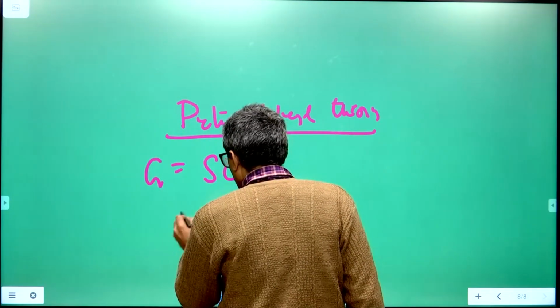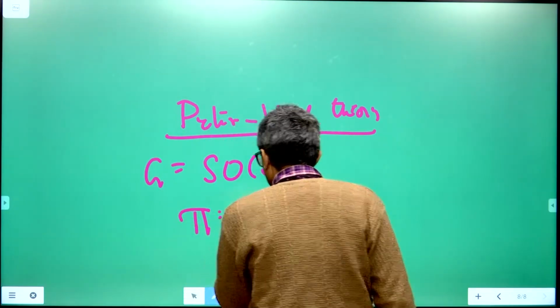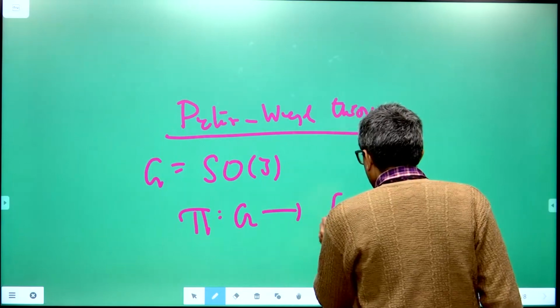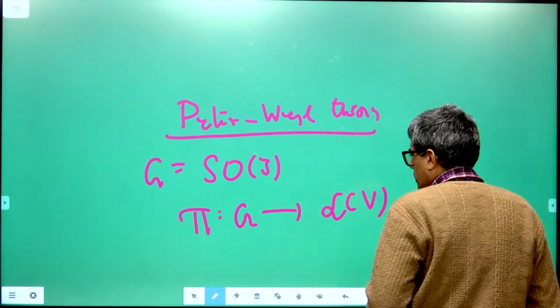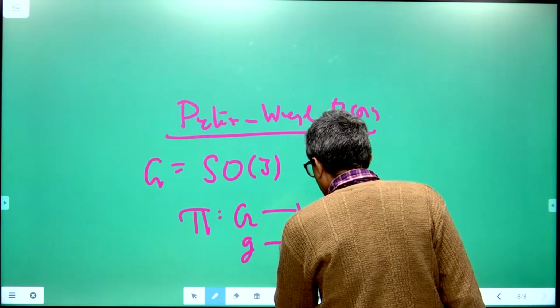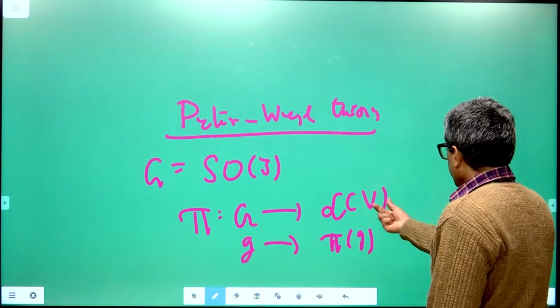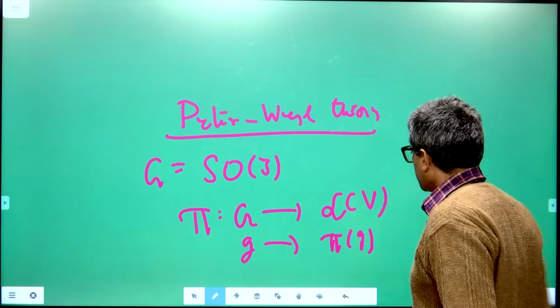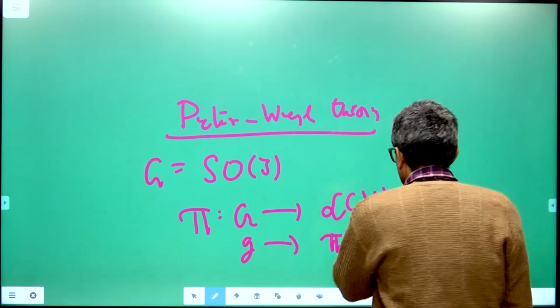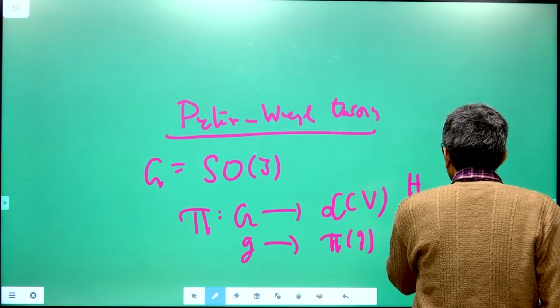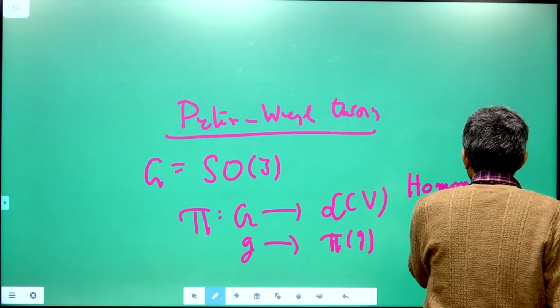A representation of a group is a mapping from the group G to L(V), the transformations on a vector space V, such that any element g goes to pi of g, a matrix. Say V is a finite dimensional vector space, then L(V) is the set of all linear transformations on this finite dimensional vector space, and pi should satisfy the group homomorphism property.